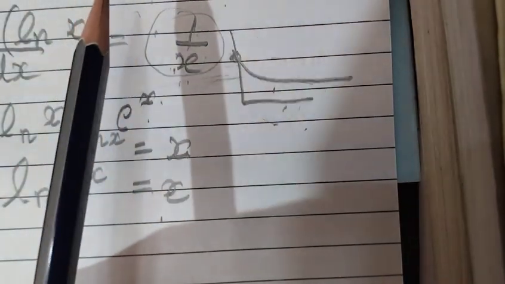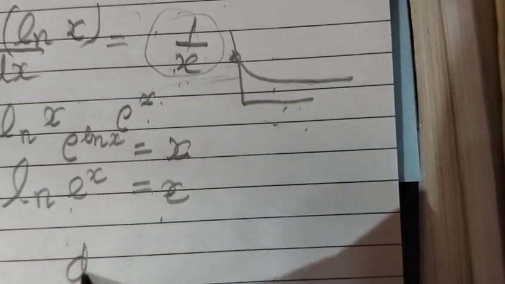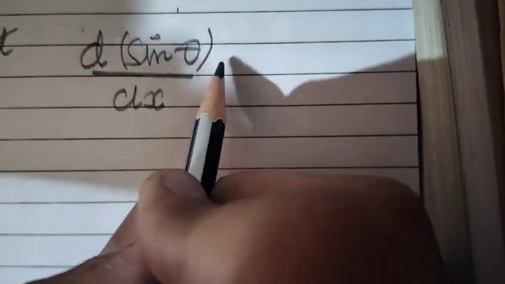So next we are going to move on to trigonometric functions. They are quite simple to memorize. So firstly we have d of sine theta upon dx is equal to cos theta.